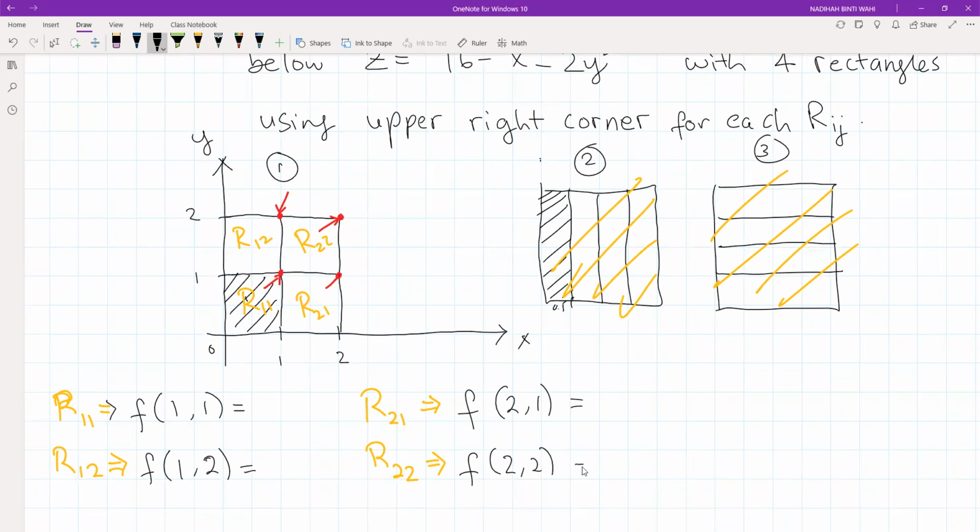So berapa value dia? So mungkin awak boleh kira dulu. Nak guna mana? Nak guna Z equals to 16 minus X squared minus 2Y squared.